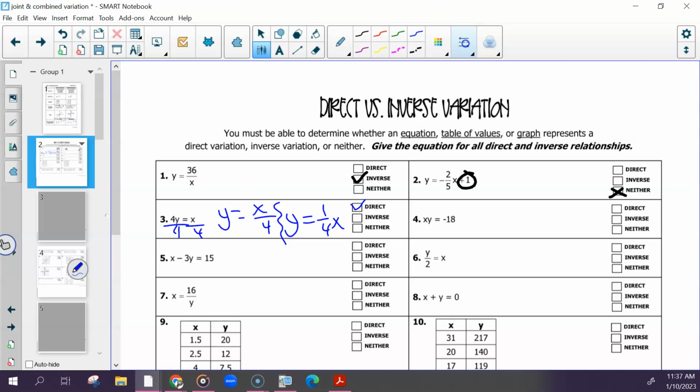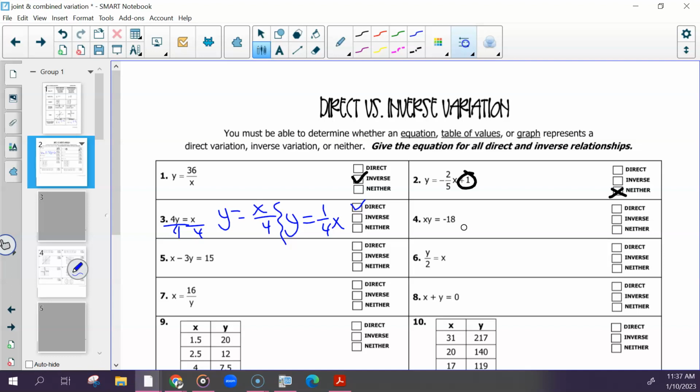Okay. Number 4, you could solve this, get y by itself, but you could also look at how do we solve for k and see if this is one of them. Is this direct, inverse, or neither? Not direct.